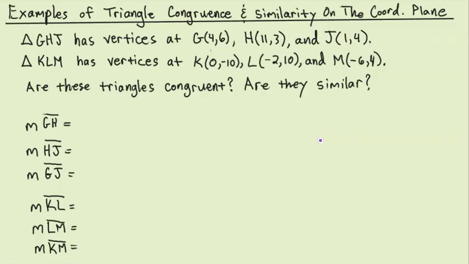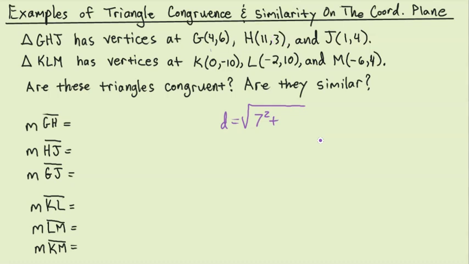Okay, side GH here is going to be between 4, 6 and 11, 3. So let's use the distance formula. Again, I'm going to do the shortcut. What's the distance between 4 and 11? Well, 11 minus 4 is 7, so we're going to have 7 squared plus, and then what's the distance between 6 and 3?